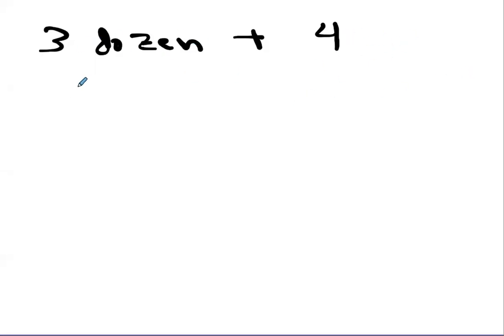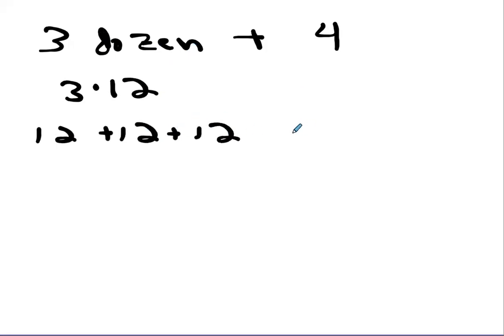Well, 3 dozen means I have a dozen plus another dozen plus another dozen plus 4, which means I'm adding 4. 12 plus 12 plus 12. I can use the associative property, associate all my 2's. 2 plus 2 plus 2 is 6. 10 plus 10 plus 10 is 30, right? That's how we do multi-digit addition.